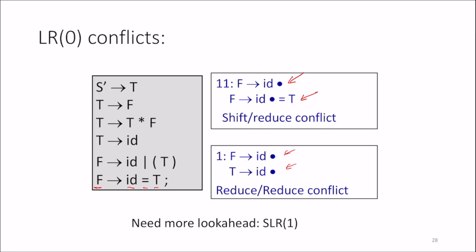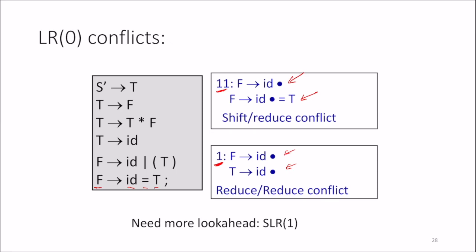So unlike the example that I showed you earlier, for this grammar, we'll end up with a set of items where you have a shift-reduce conflict. The numbers are arbitrary, so your numbers when you construct it will be different, but there will be some state which is a set of dotted items where there is a shift-reduce conflict, and another state where there's going to be a reduce-reduce conflict.